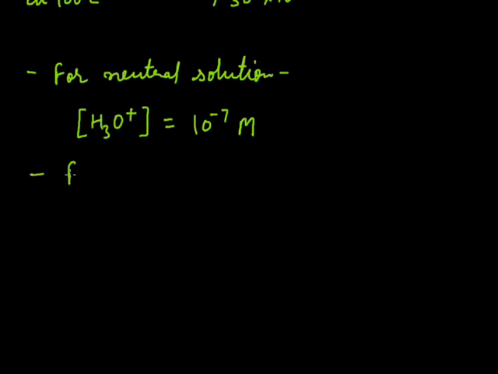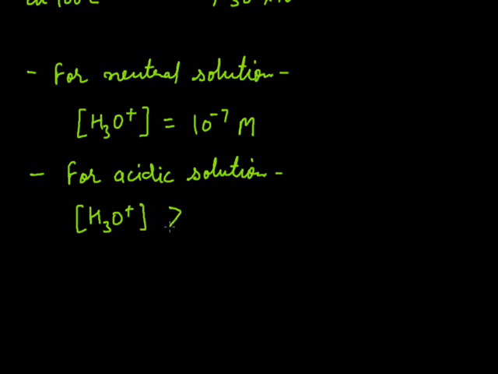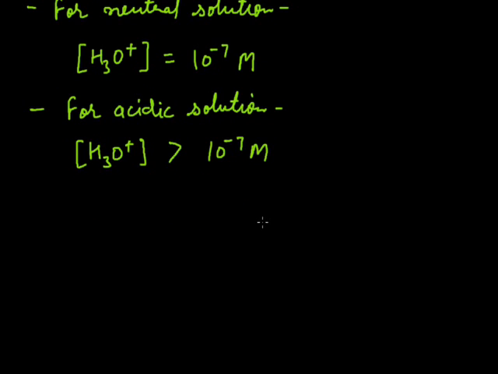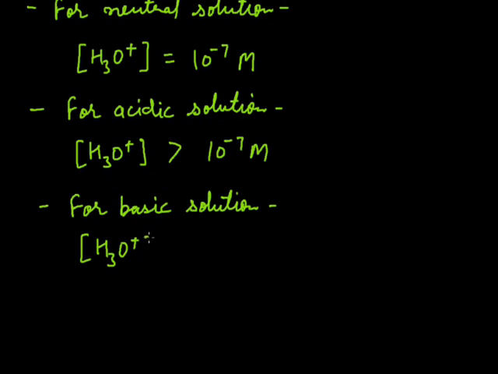For an acidic solution, H3O plus ion concentration should be greater than 10 to the power minus 7 M. And for a basic solution, H3O plus ion concentration should be less than 10 to the power minus 7 M.